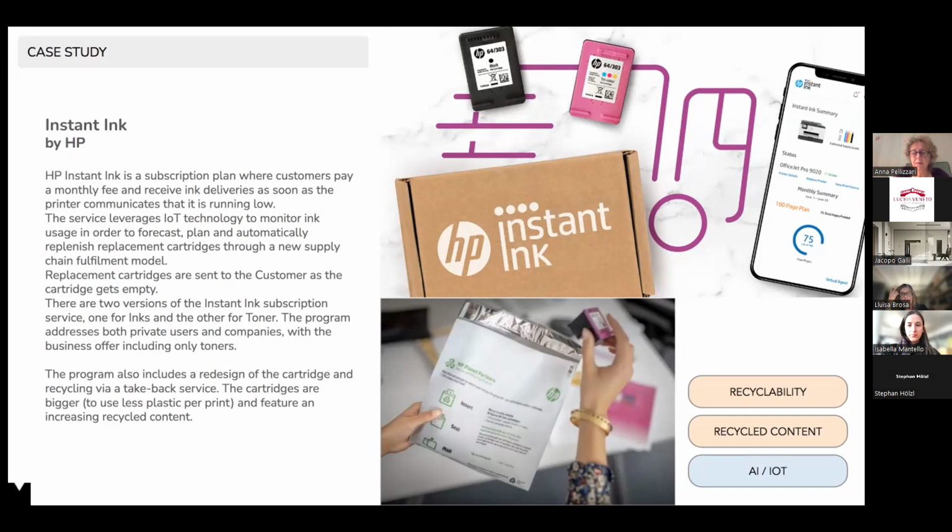So it's an interesting way of completely rethinking the service, and how it affects circular economy policies. On one side, they have redesigned the cartridge and made it bigger, more suitable for refill. The cartridge can be refilled. They can take care of the recycling of the plastic in case the cartridge cannot be refilled anymore.